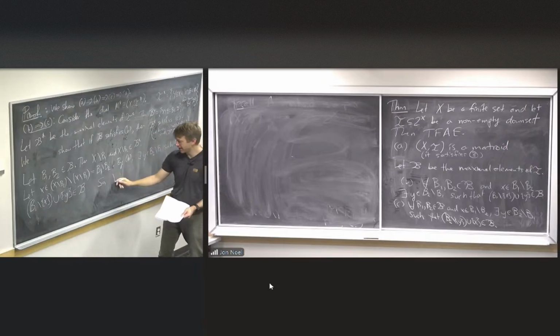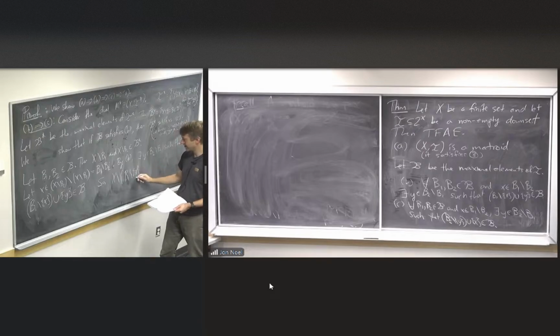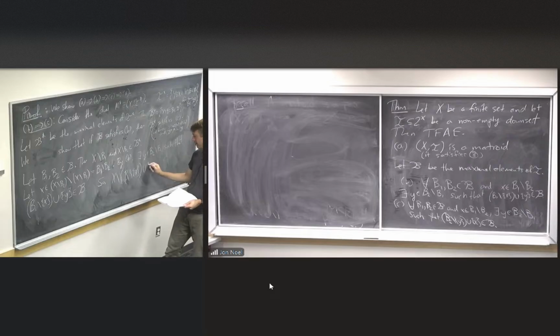So if I take X minus B1, take away x, union y, that should be in B star.